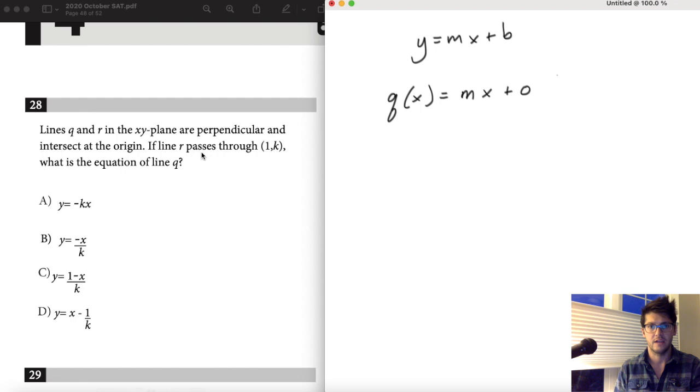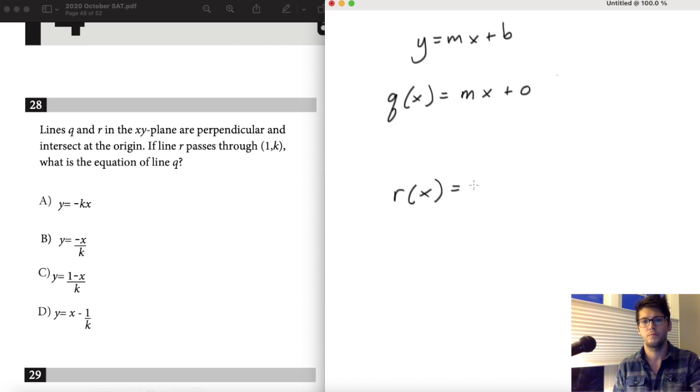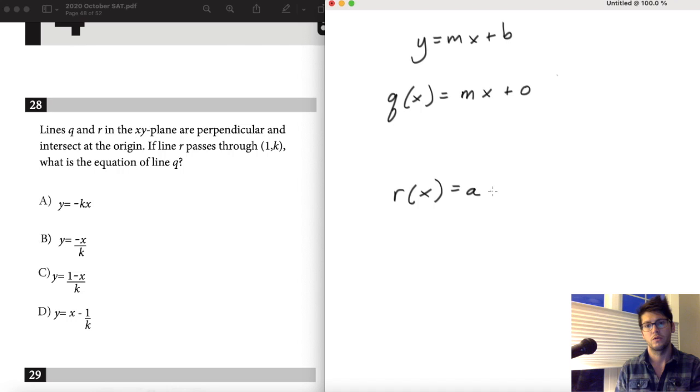For r of x, we know the same thing, some other m value. So I don't know what m is here. So maybe you could replace m in this case with something else like a. And I'll do that just to be clear. Ax plus 0. Or just ax. Here's what I know then. When x is 1, r of 1, we're supposed to get k.